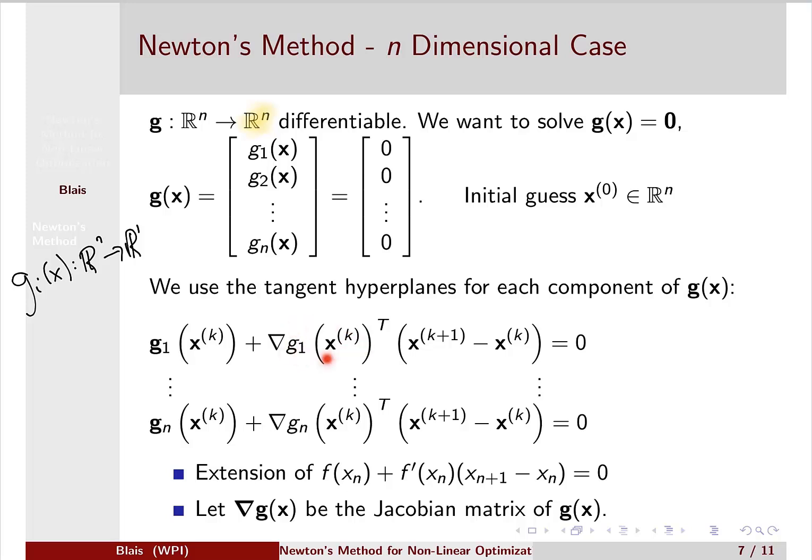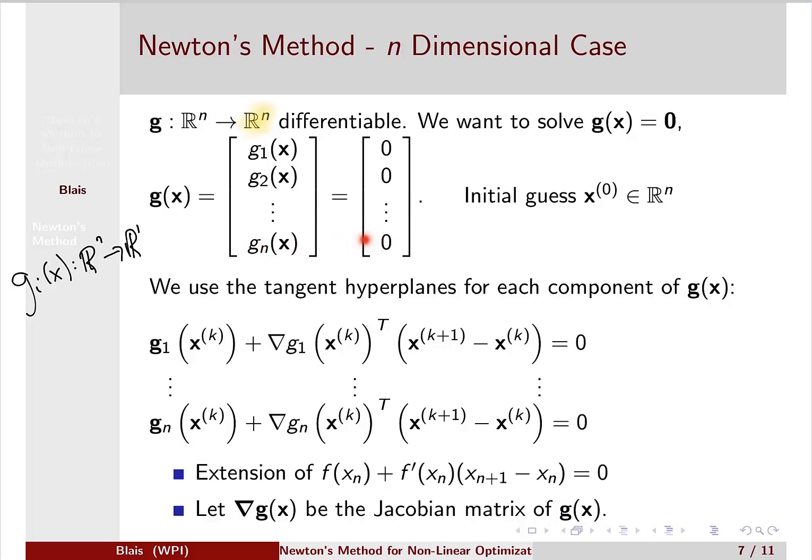Then here we have the gradient of g1 of xk, dot product xk plus 1 minus xk. That's the analog of this, equal to 0. And we have this equation for each of these equations coming from g. So we have an equation like this for g1, we have an equation like this for g2, up to an equation like this for gn.